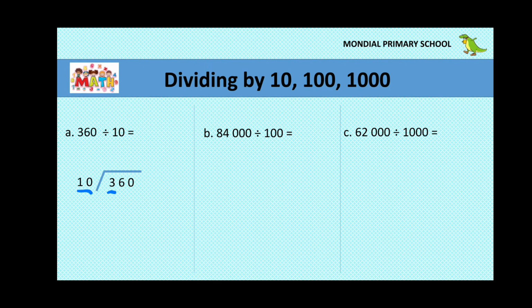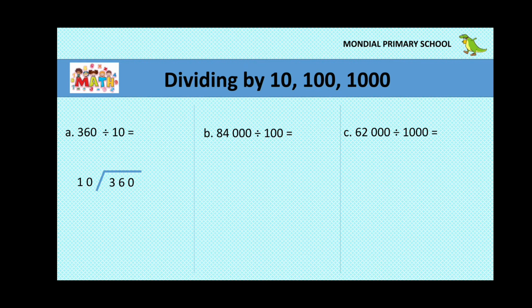And that is because the first digit is less than the divisor. We cannot divide 3 by 10. So, what should we do?